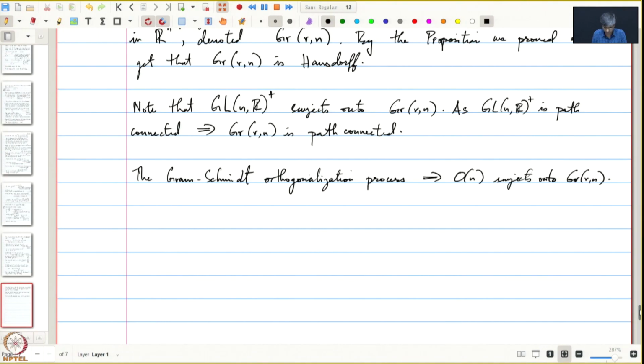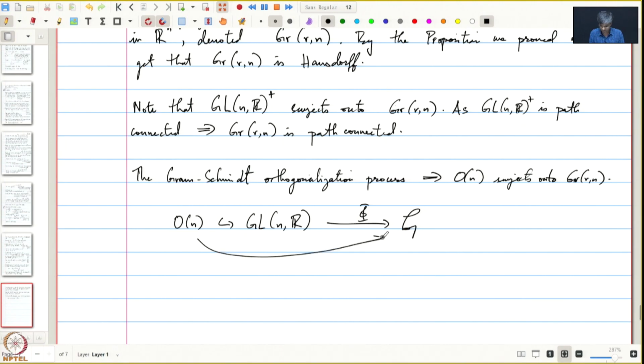So why is this? We have On sitting inside GLn R, and here we have this map phi. We claim that this composition is surjective. If we take any r dimensional subspace, we can choose a basis V1 up to Vr.